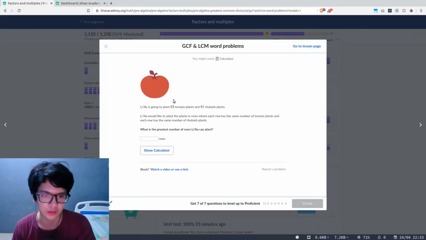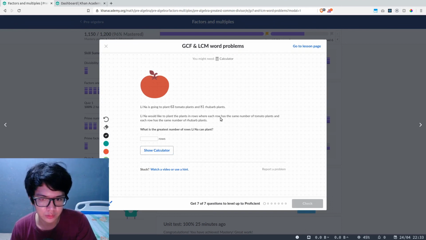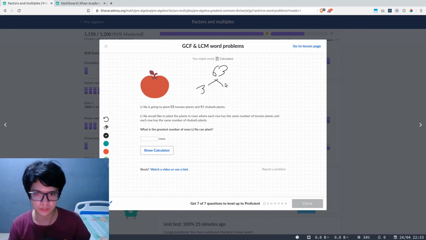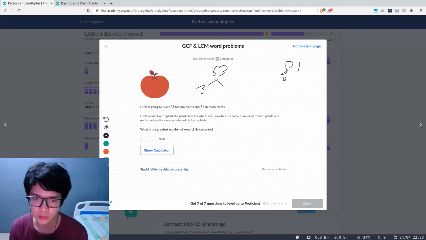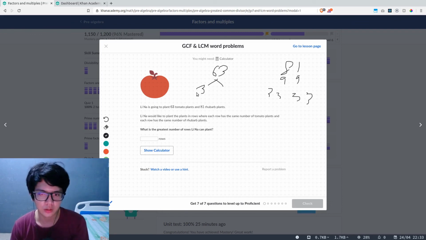This is insane. It's going to plant 63 tomatoes and okay. That's the GCF, 63. What is this? 9 is divisible by 3. 81 is 9 times 9, so 3, 3, 3, 3, and this is 9, then y equals 3.